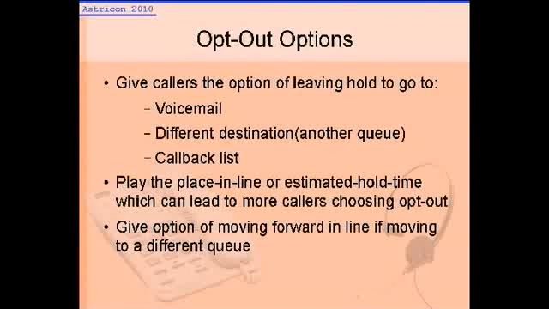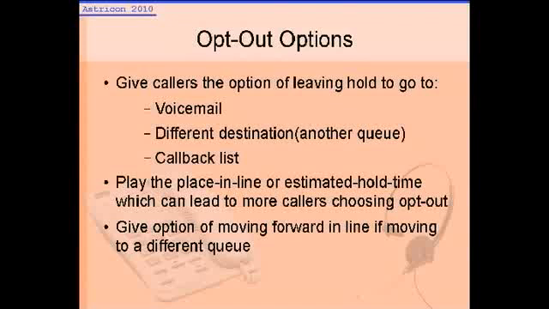A callback list is just a way of having the phone number go into a list to be called back later in various ways. I'm not going to go over that in too much detail because the setup for that just in raw Asterisk is very step-intensive, very complicated. But there are applications like, again, ViCiDial and Orderly Queue that offer a more easy GUI way of configuring the callback list option.